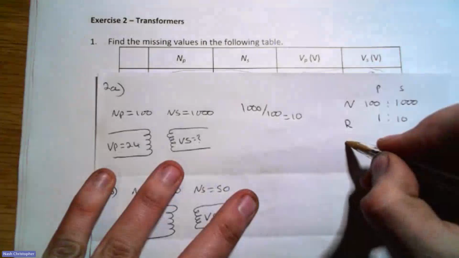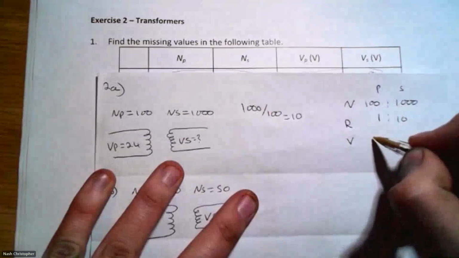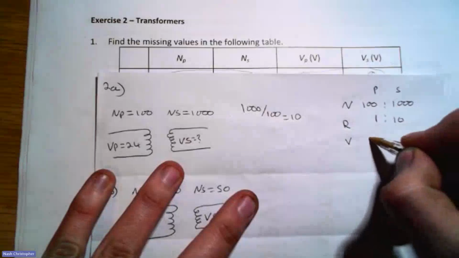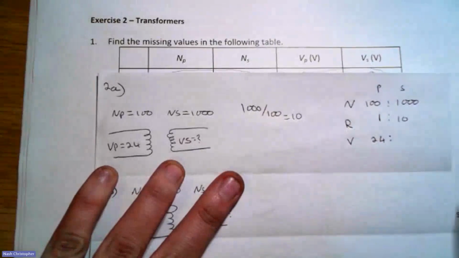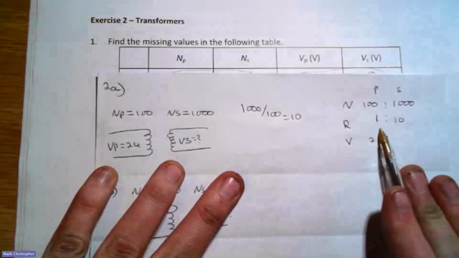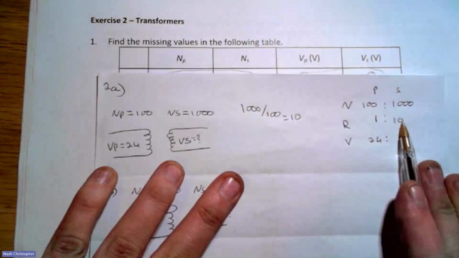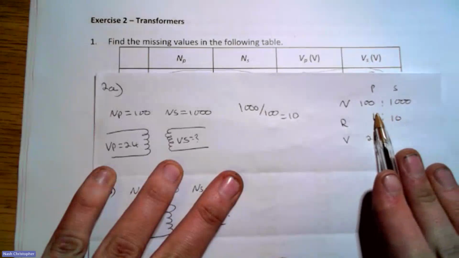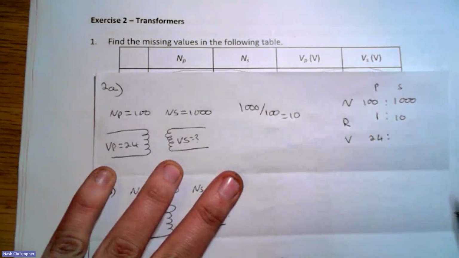So we need to calculate voltage. So we know that VP is 24. We know from our ratio that anything on the right-hand side is 10 times bigger than the left.